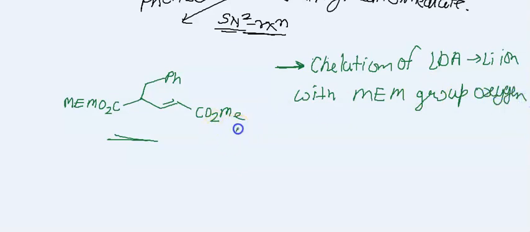Then you can solve this question. Otherwise you have a lot of confusion. You may take it directly at this position of the compound, or another possibility is to take it at this position. You can imagine many possibilities for the product, but the final product is this one because of the chelation present in the reaction.